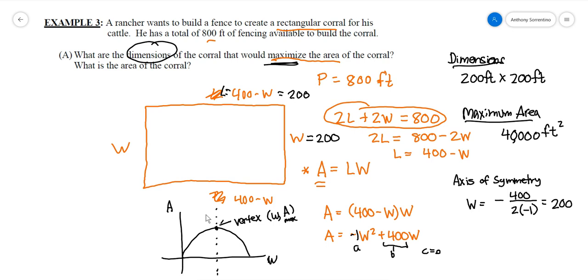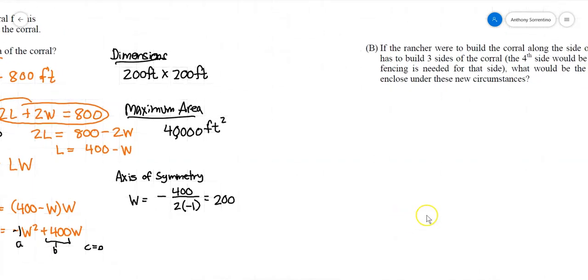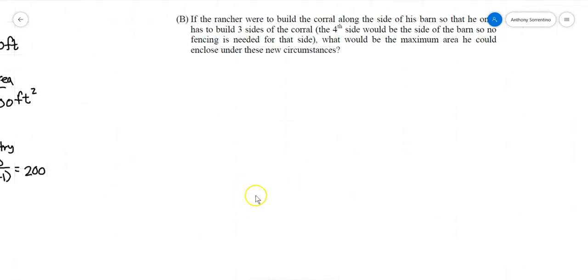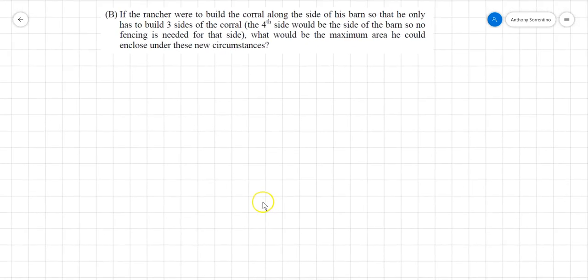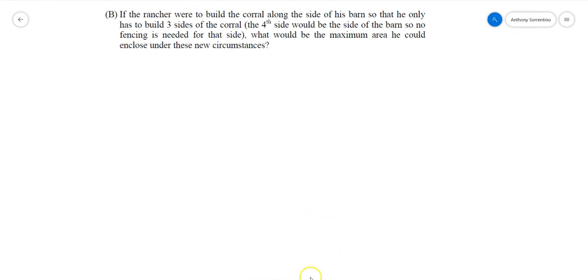And it's important to know this algebra because we're going to look at a situation now that's going to make things a little bit different. So, same rancher, 800 feet of fencing, wants to build a corral, except now he's going to build it against his barn.